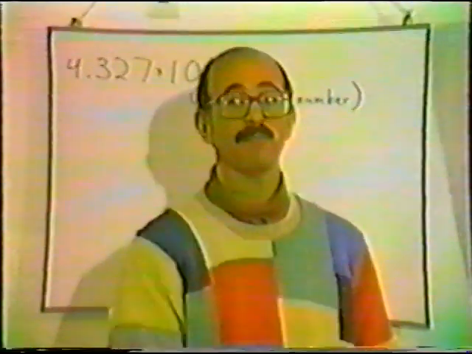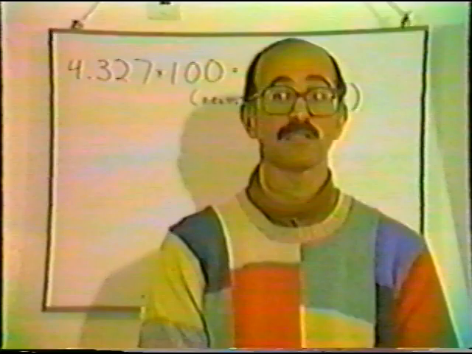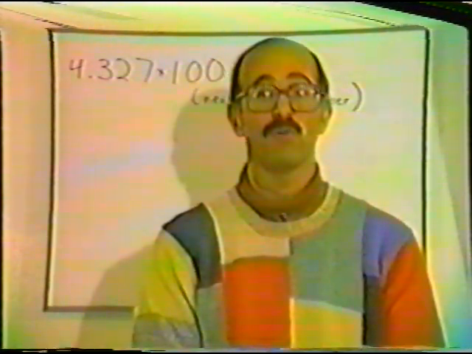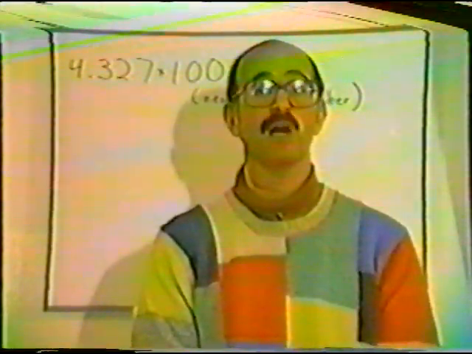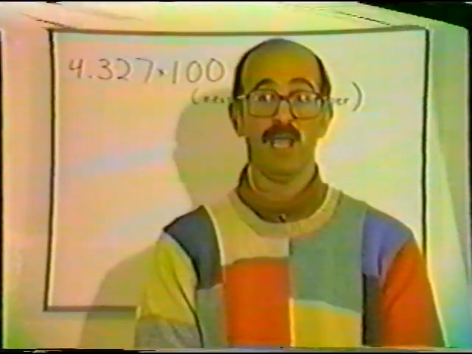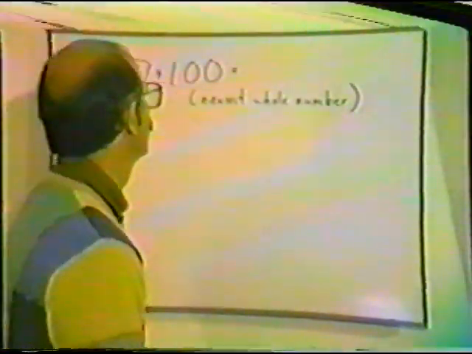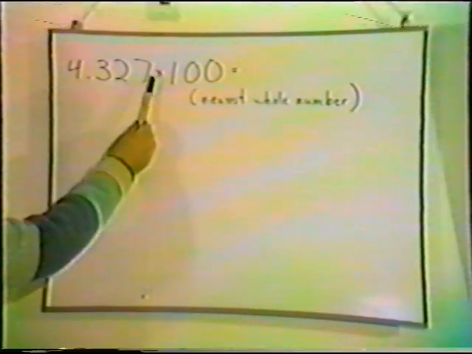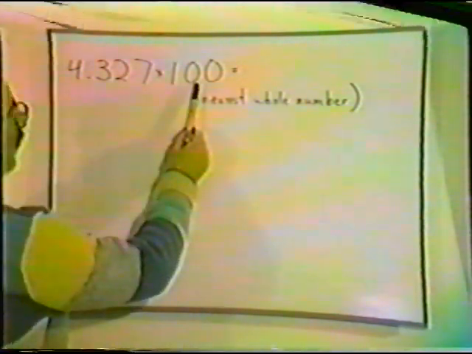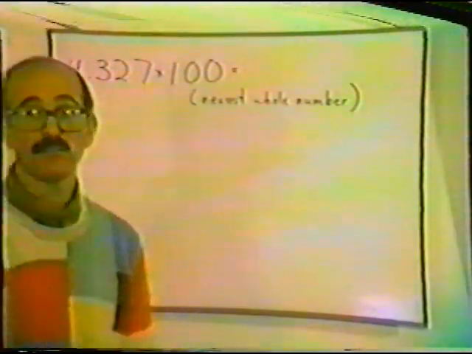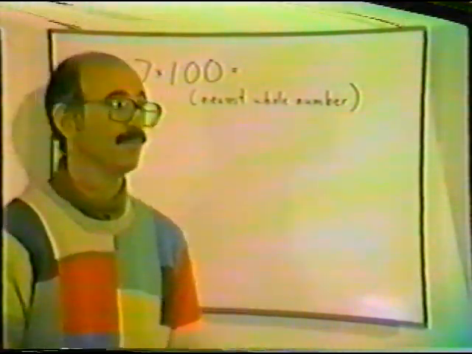Now, you can remember that we learned a special trick for multiplying or dividing decimals by 10, 100, or 1,000. Here we have a multiplication problem by 100, and we do it just by moving the decimal point.